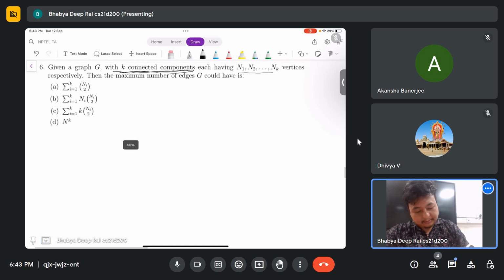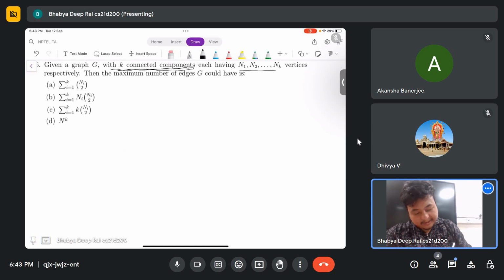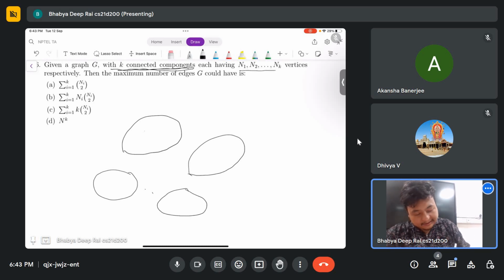Let's say the graph looks like this, and this is C1, C2, C3, Ck. These are the connected components, and they do not have edges between each other.